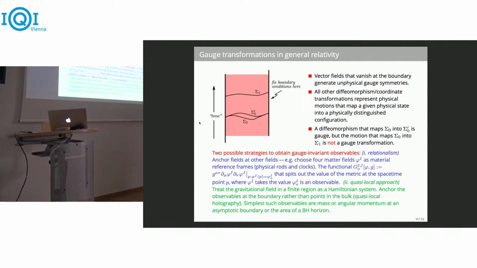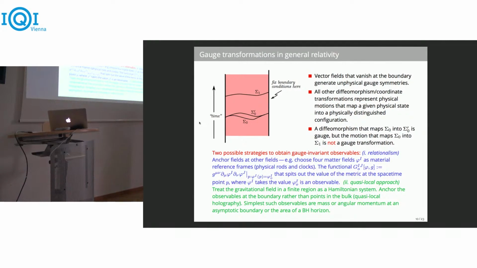However, if you consider a diffeomorphism that moves this hypersurface forward, which is generated by a vector field that does not vanish at the boundary, then this is not a gauge transformation. This is a physical motion that moves one configuration of the gravitational field into a different, gauge inequivalent configuration.